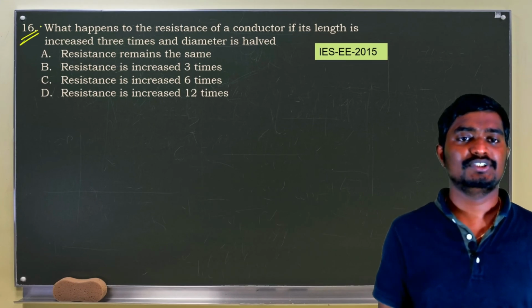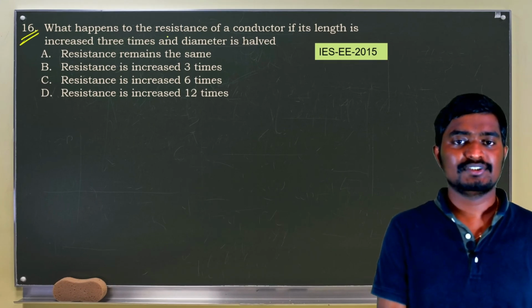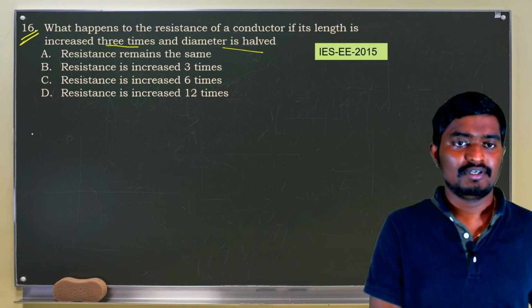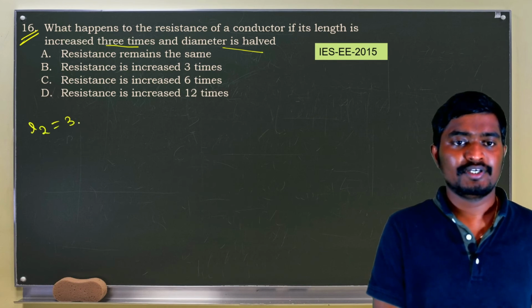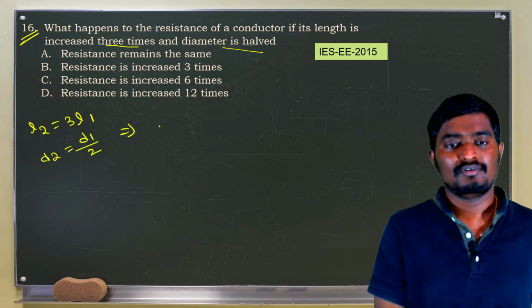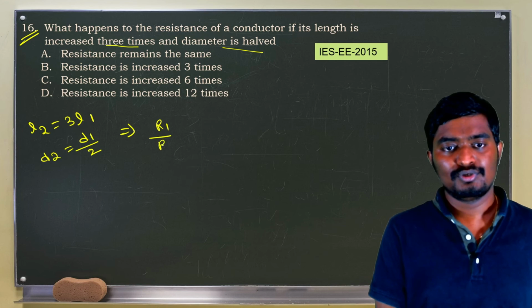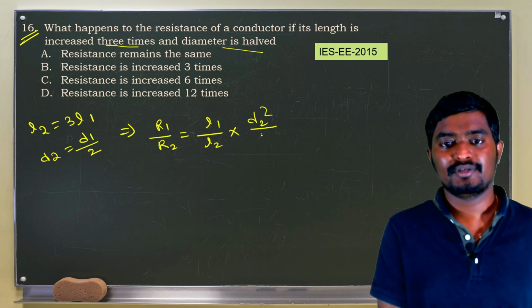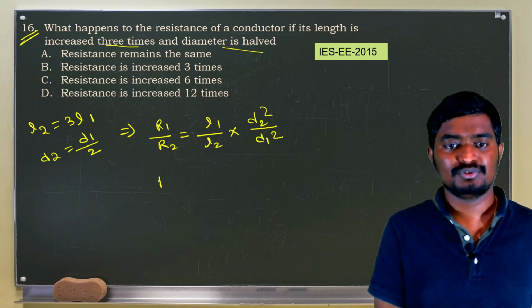Question number 16. What happens to the resistance of a conductor if its length is increased 3 times and diameter is halved? Here length L2 equal to 3 times of L1 and diameter d2 equal to d1 divided by 2. Then R1 by R2 equal to L1 by L2 into d2 square divided by d1 square. Then we substitute the values.